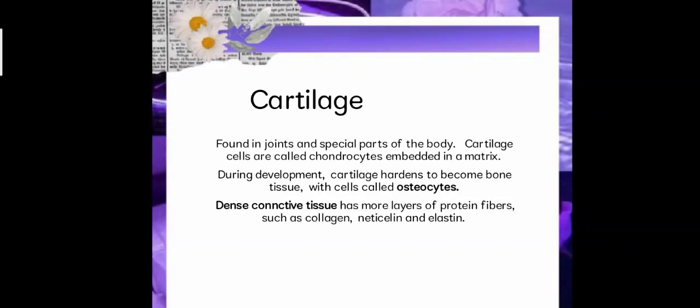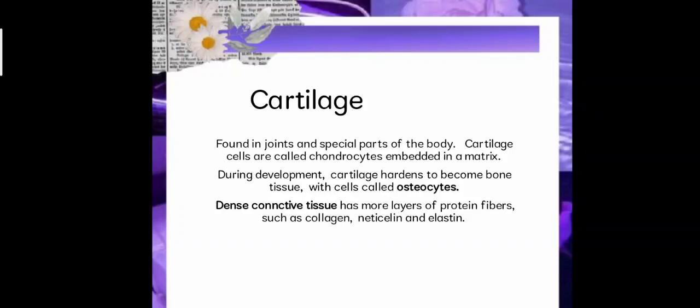So dense connective tissue's function is to create the collagen fibers of the tissue. The main roles of dense connective tissue are to transmit forces over a distance and to connect different organs or muscles.